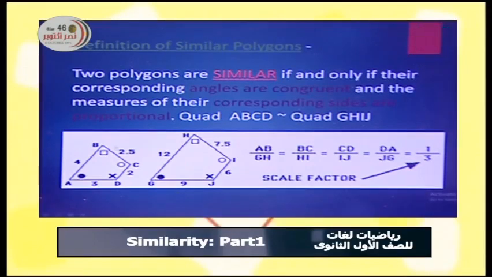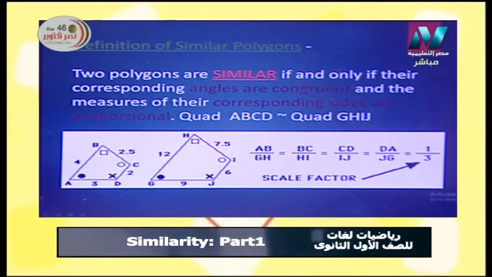And also BC over HI equals 1/3, and CD over IJ equals 1/3. So they are similar because the corresponding angles are congruent. Measure angle B equals measure angle H, and you have seen the sign.